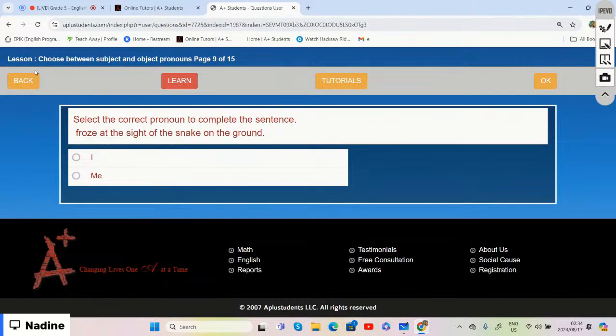All right. So the last one, do we say "I froze at the sight of the snake on the ground," or do we say "me froze at the sight of the snake on the ground"?